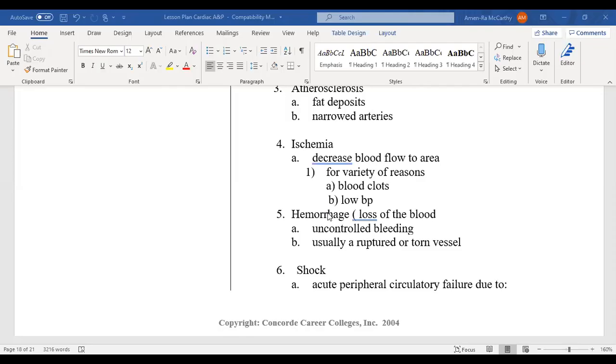Also, somebody who has low blood pressure. If your blood pressure is less than 120/80, you could suffer from ischemia, right? If it's really low, that means the blood's not getting there because there's not enough pressure to push it there, okay? So you can have a problem with low blood pressure. Stand up real quick and fall out, stuff like that. Those are caused by low blood pressure.